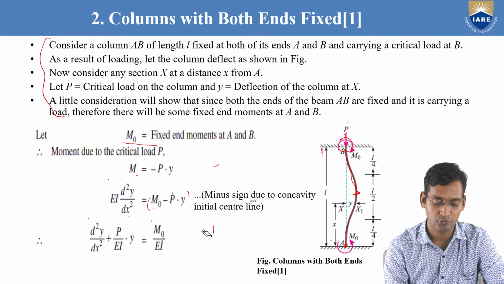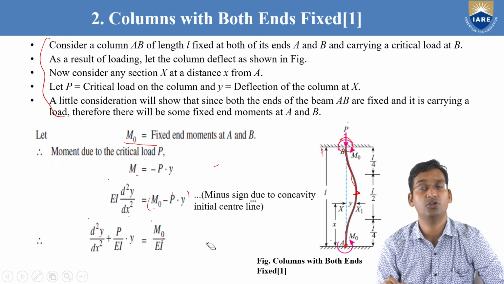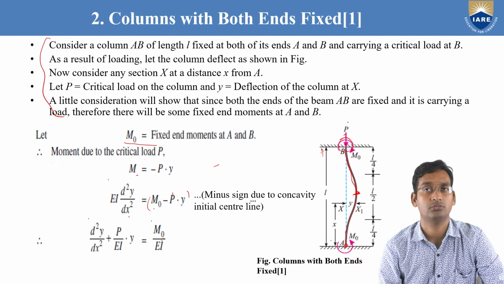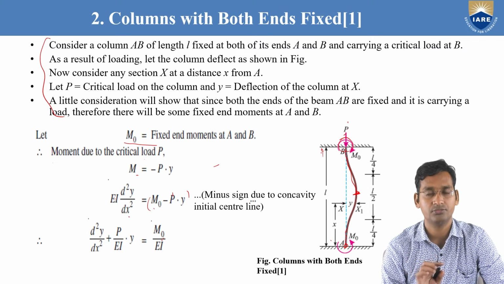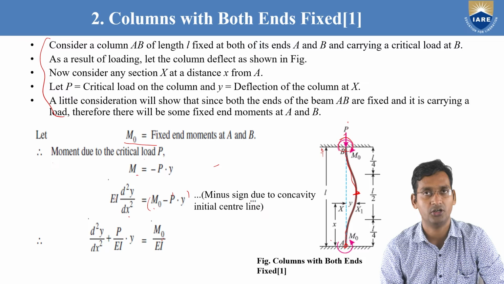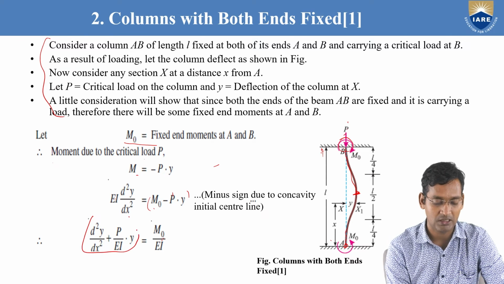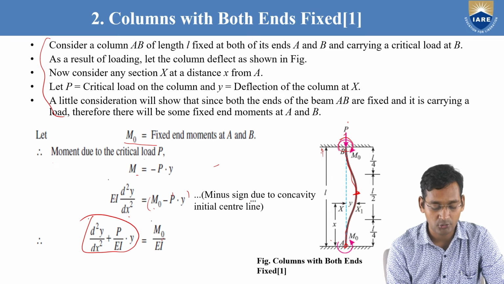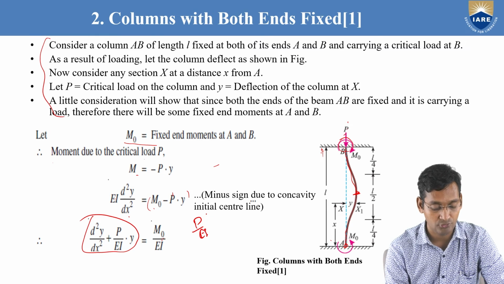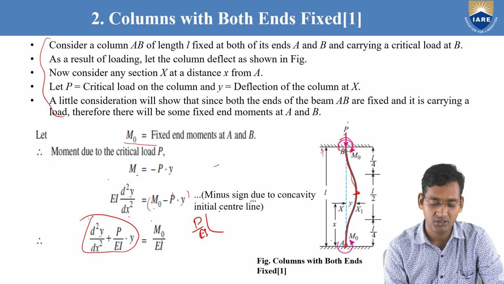Now here you have to see how easily you can do it, no need to remember that formula. How will you remember the general solution? Only one thing you have to remember, that is common for all: the solution of the general equation is common to all. The difference, as I told you earlier, is that you have to ignore the P by EI term and take whatever remains.